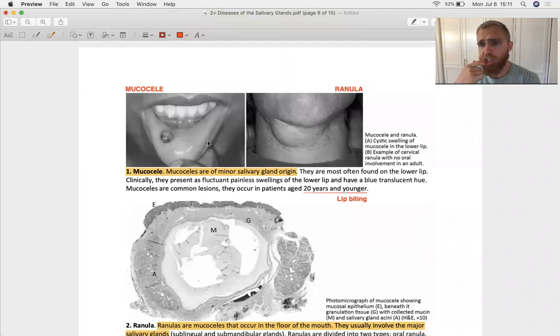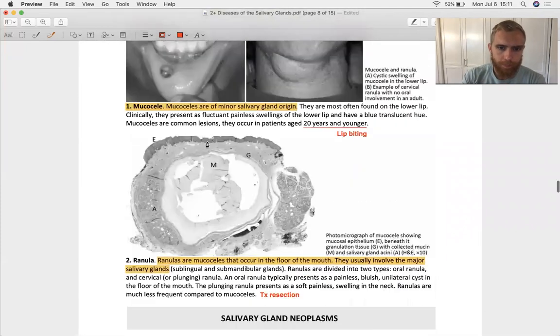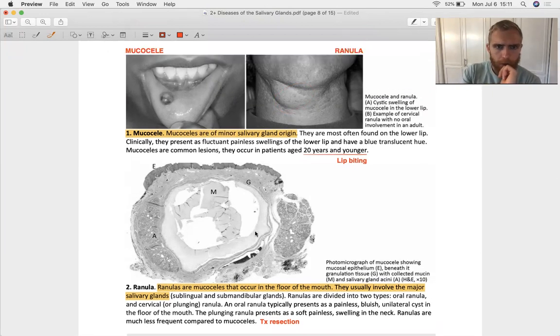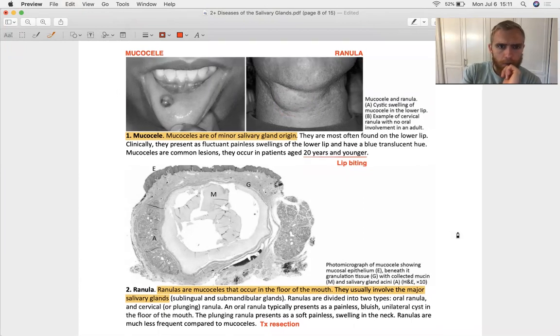A mucocele is on the lips, and a ranula is either in the floor of the mouth or protruding downwards through the floor of the mouth rather than upwards into the oral cavity. It can go downwards into the neck, and so that's what you're seeing here with that ranula. You've got to treat these things by cutting them out. That's about all that there is.